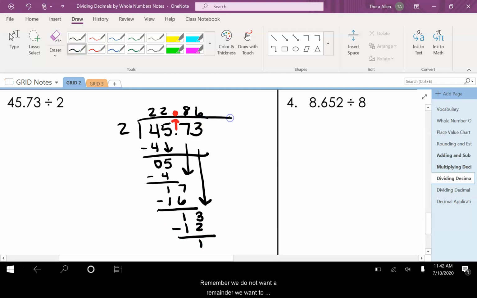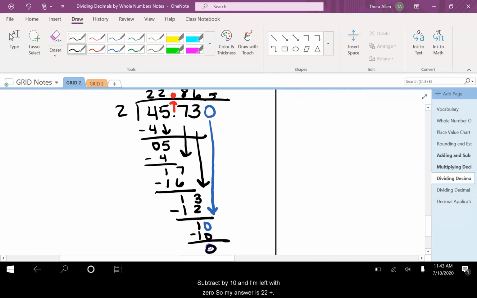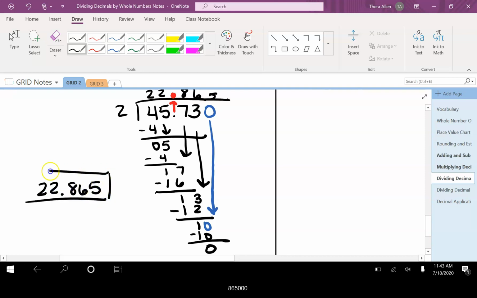We want to continue solving the problem out. So I'm going to add a 0 and bring it straight down. How many times can 2 go into 10? 5 times. Subtract by 10 and I'm left with 0. So my answer is 22 and 865 thousandths.